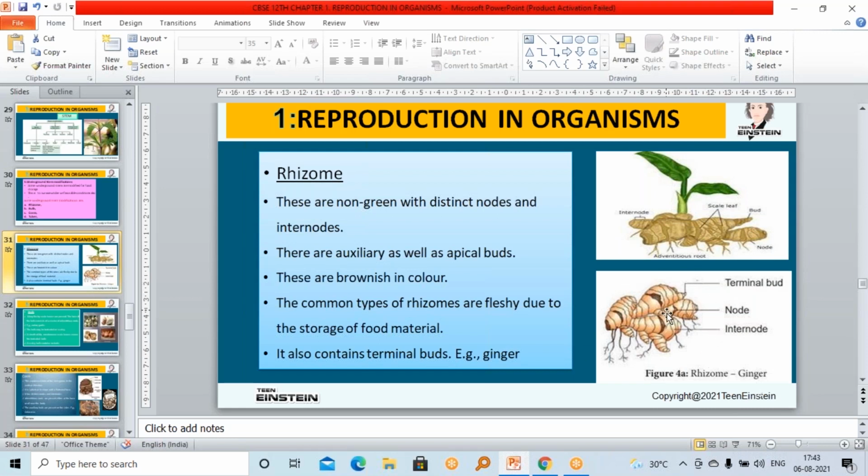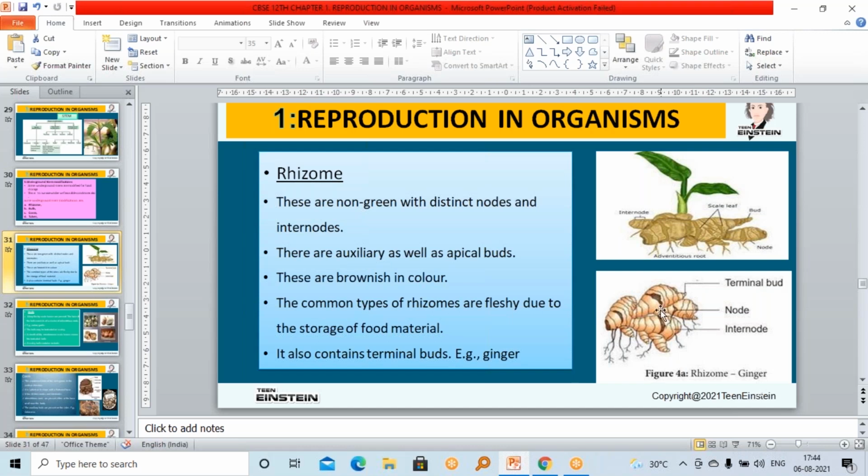Think about the picture, then you can write each and every point from that itself. There is no need to memorize all these things. Just remember one example from each one. So first, the example for rhizome: ginger. I hope you know ginger.